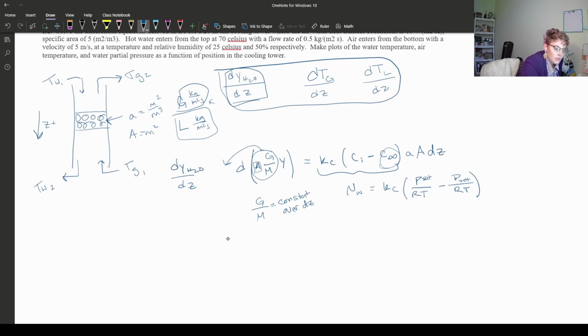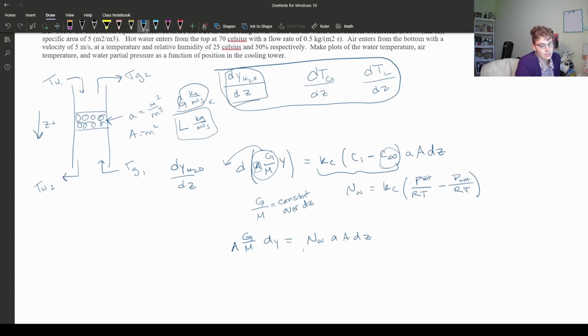So that will give us cross-sectional area times G over the molecular weight dy for the change in our mole fraction, and that is equal to the molar flux of the water times the specific area times the cross-sectional area as it changes along z.